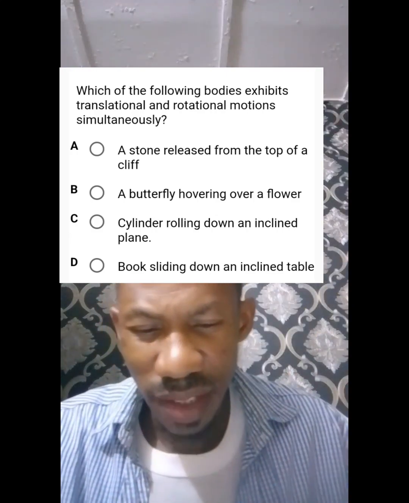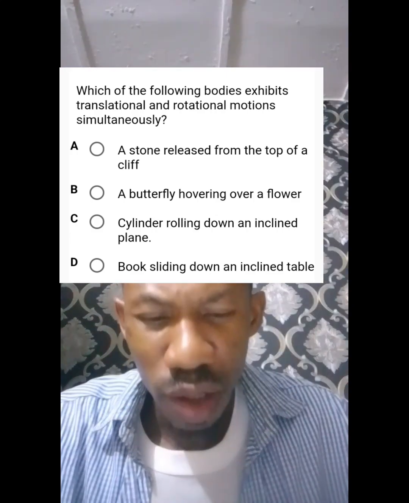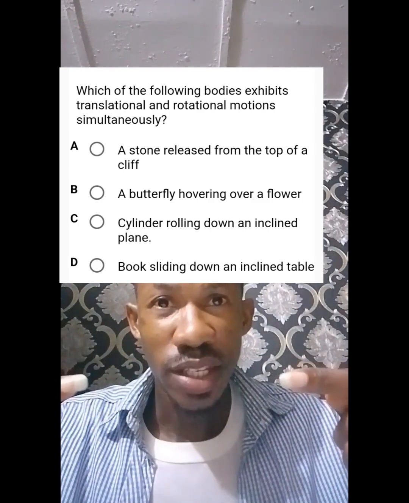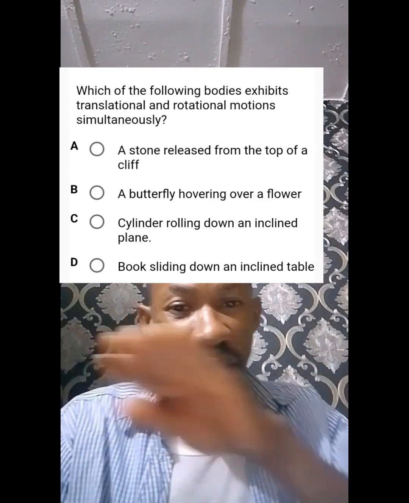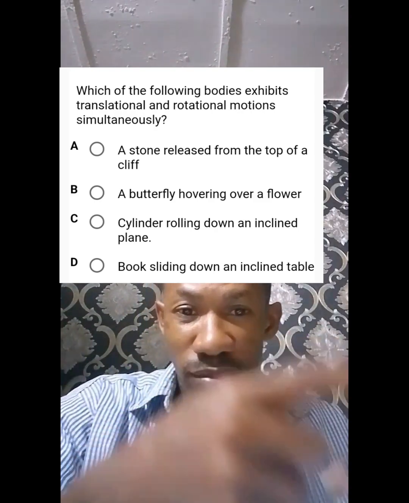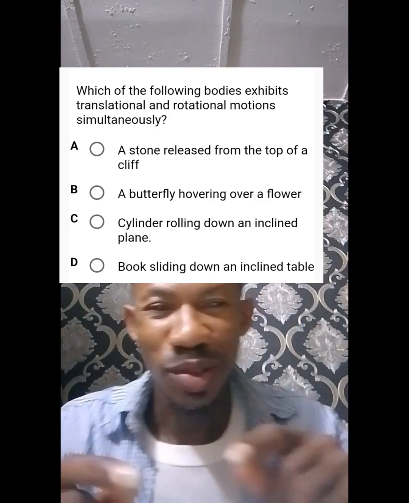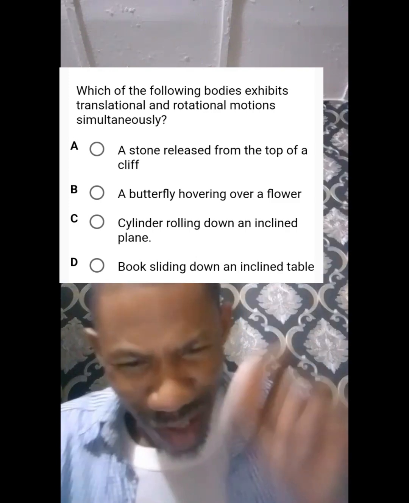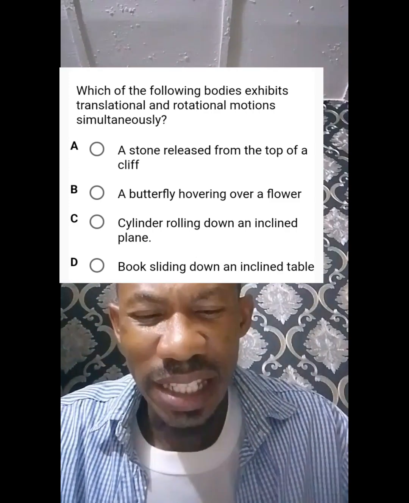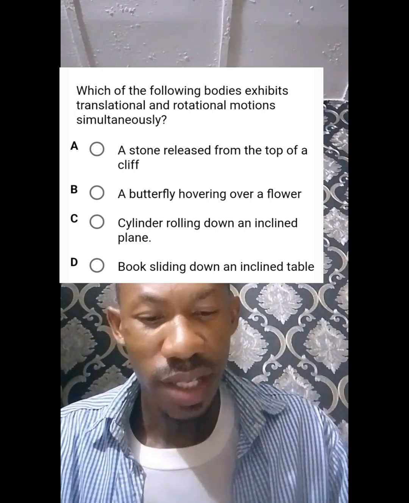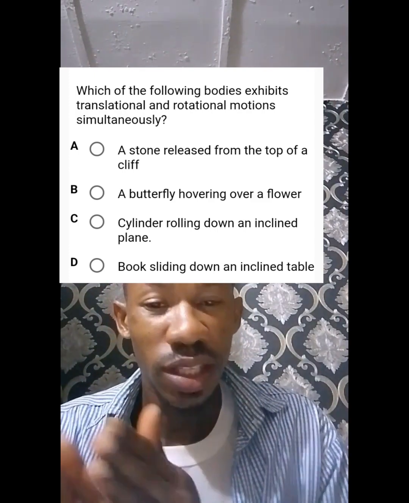Let's go to C. A cylinder rolling down an inclined plane. Of course, you know a cylinder, if it is moving down an inclined plane, it will be rolling. While it is rolling, it is also moving. Okay, let's look at D. A book sliding down an inclined plane or inclined table. For D, we can say it is just translational.